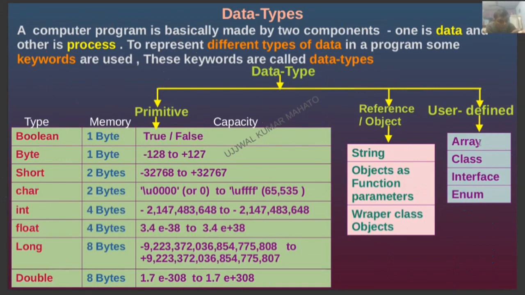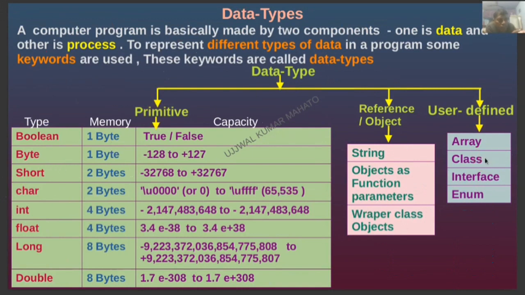First one is array. Array can be of any type, like byte values or short values or char values or int values or float values. Meaning an array can be defined by the user or the programmer by using the primitive data types.